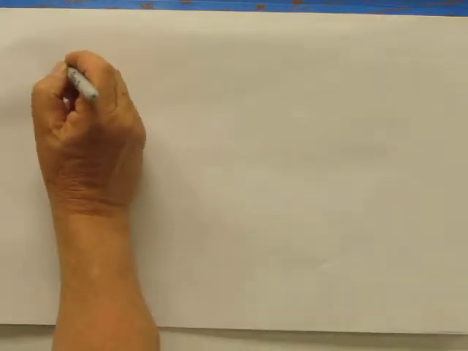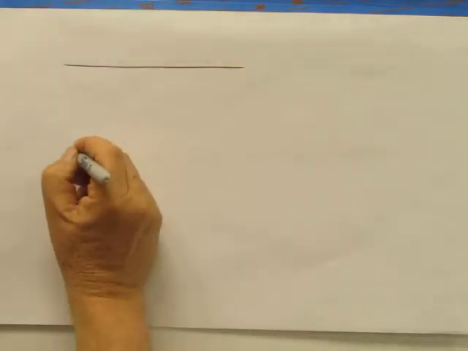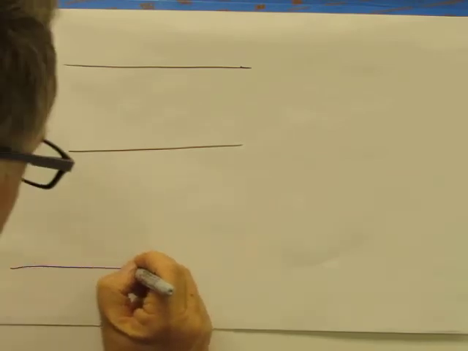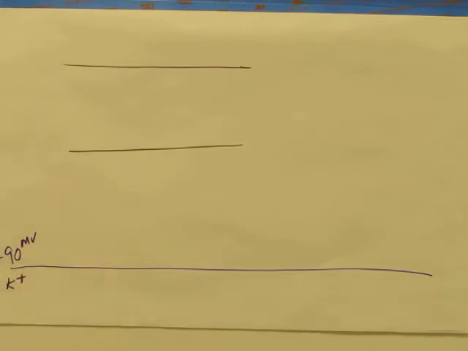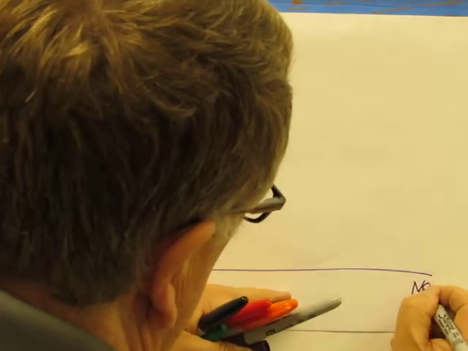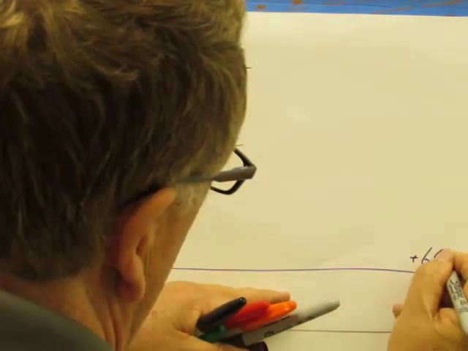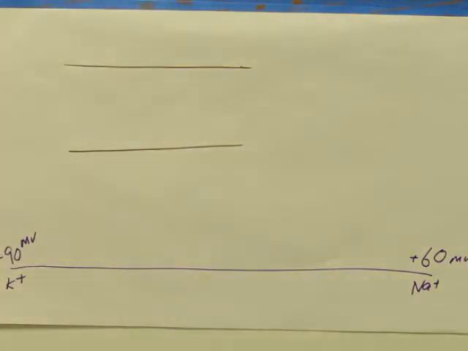So let's begin with the membrane, and make a voltage chart down here. You learned from the previous video that the Nernst potassium is negative 90 millivolts. Nernst sodium is plus 60 millivolts.